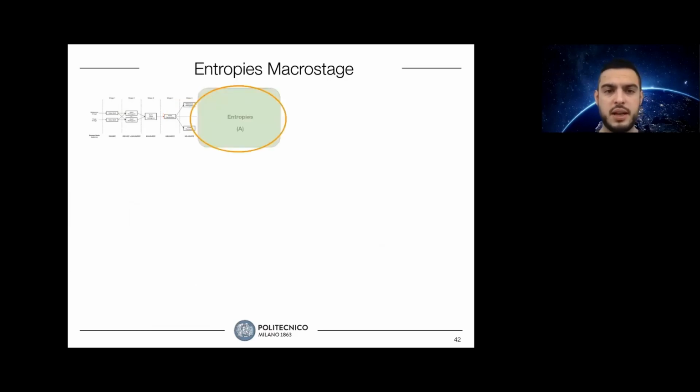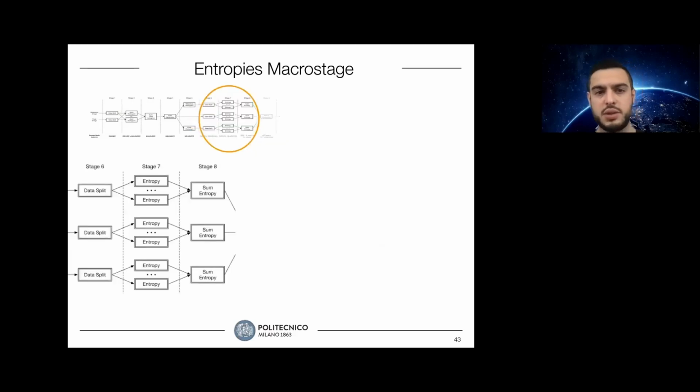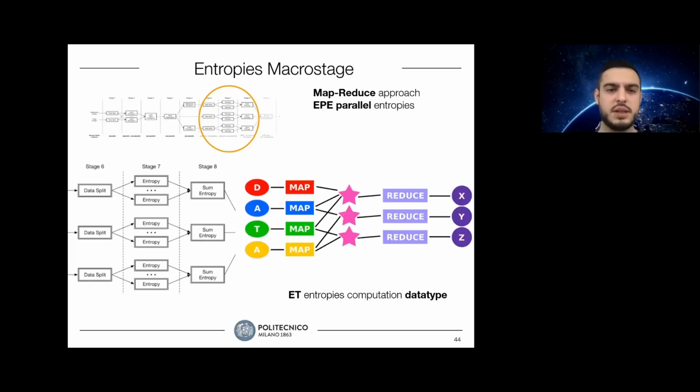Then we enter in the entropies macro stage, where, thanks to our previous spec, we can split our data streams and apply a MapReduce by a factor of EPE for the entropy computation. It is important to notice that at this point, we can choose between floating or fixed point computation for the entropies.